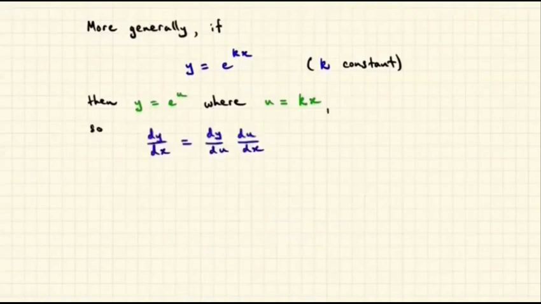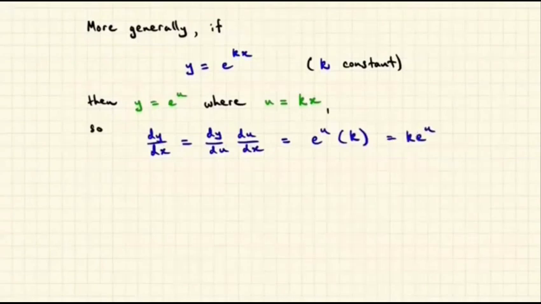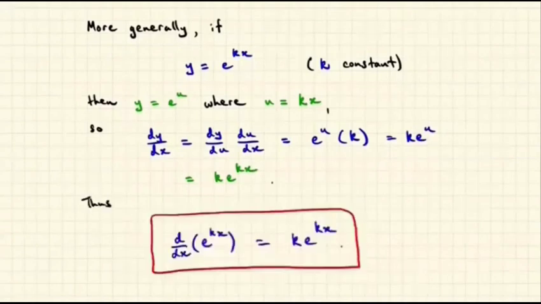Again, stating the chain rule, we have dy/du is going to be e to the u, and the derivative of u equals kx is going to be k. So we can now write that the derivative of y equals e to the kx is k e to the kx.